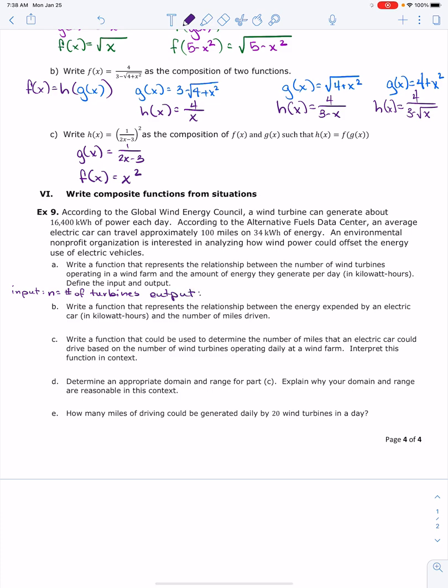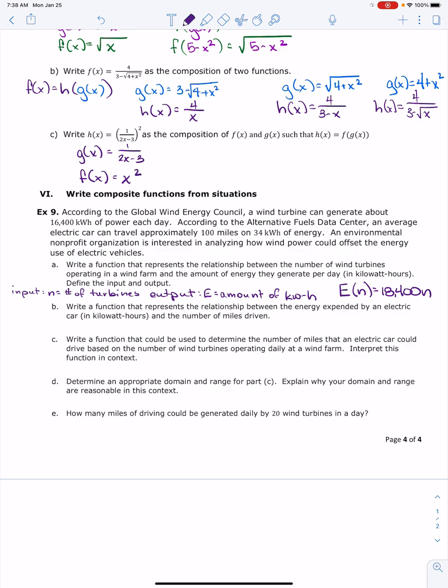There's not a whole lot of space here. I'm going to call E for the amount of energy. Super creative. Amount of kilowatt hours, so energy in kilowatt hours. So here's my function, energy in terms of the number of wind turbines is this 18,400, that's the output of each turbine times however many turbines I have.